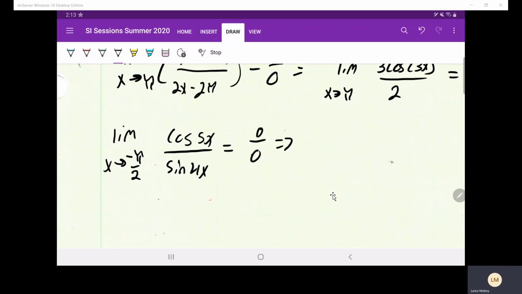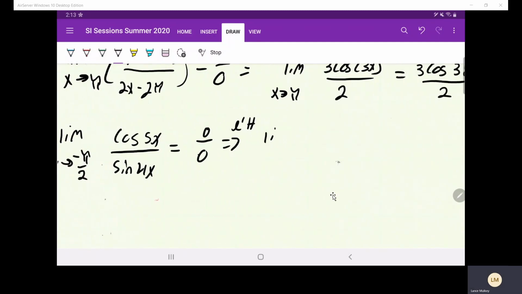So now, limit as x approaches negative pi over 2 of negative 5 sine 5x over 4 cosine 4x.